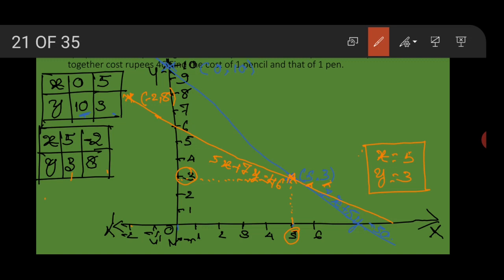Write down in your notebook only: therefore, the cost of each pen is equal to rupees 5. Next, the cost of each pencil is equal to rupees 3.